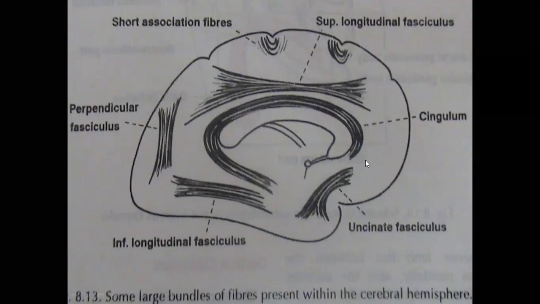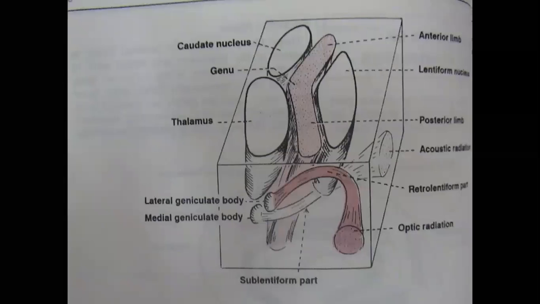For example, the frontal lobe is connected with the occipital lobe or temporal lobe by long association fibers. The superior longitudinal fasciculus connects the frontal lobe to the occipital lobe. So these are long association fibers.